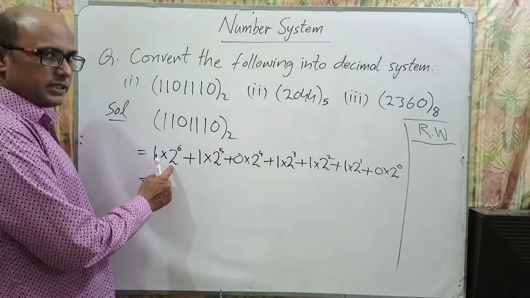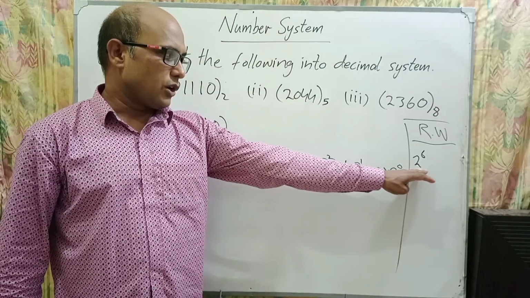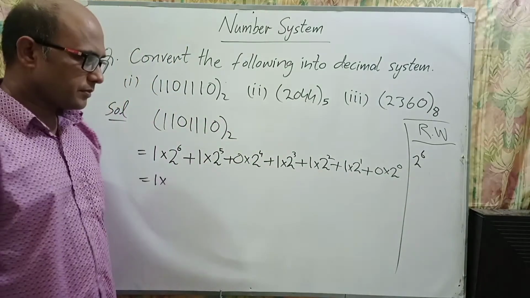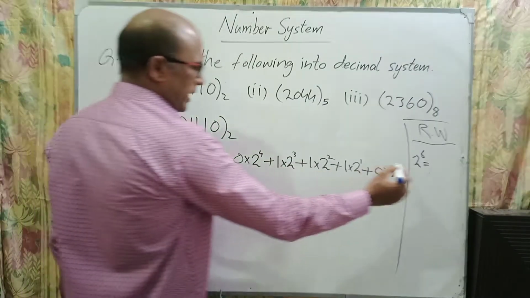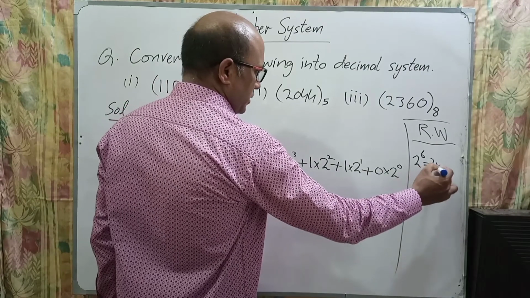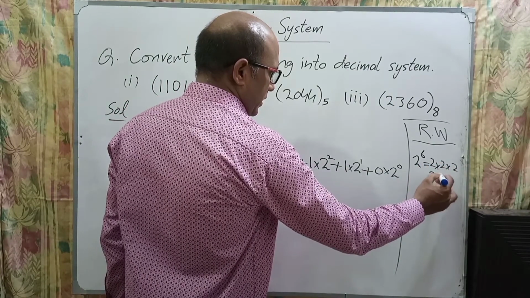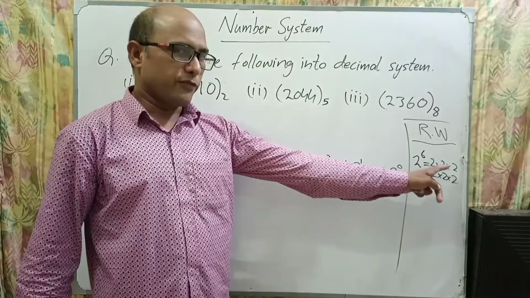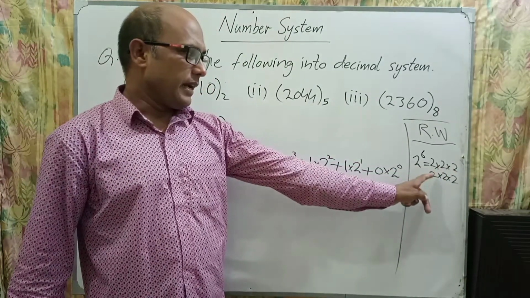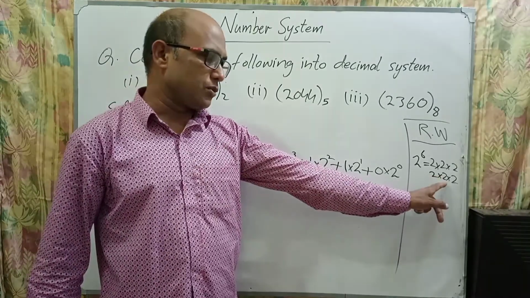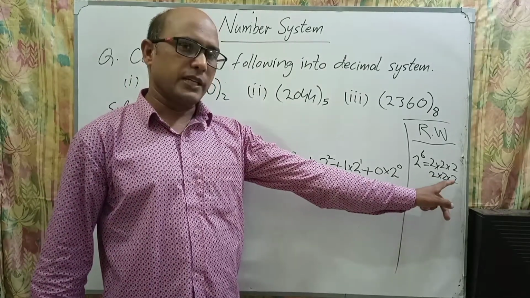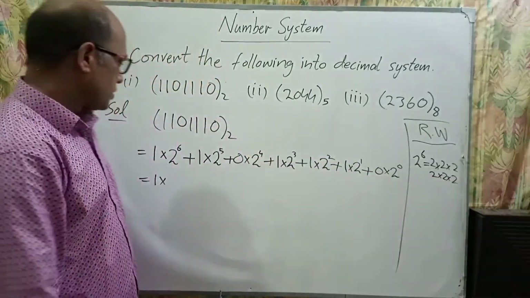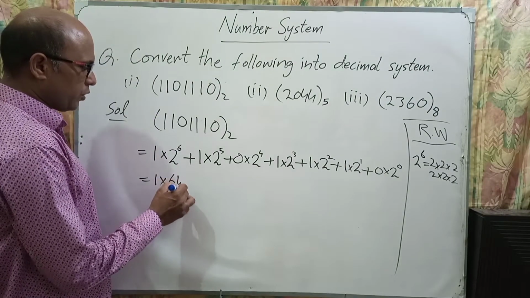So let's find the answer of 2 power 6. You can count by writing 2 into 2 into 2, 6 times you will write 2. 2 twos are 4, 4 twos are 8, 8 twos are 16, 16 twos are 32 and 32 twos are 64. So it will become 64.